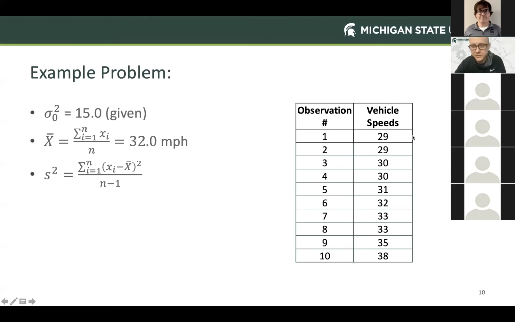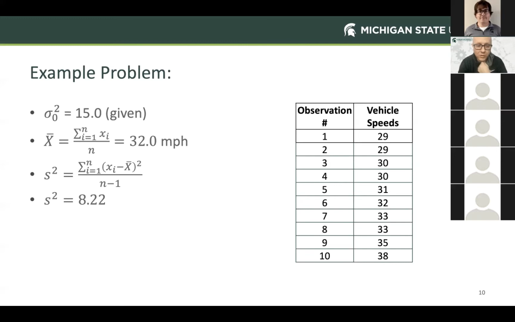Taking each of these individual observations, subtracting off the mean of 32, squaring it, summing over the 10 observations, and then dividing by 10 minus 1, given the associated degree of freedom that we're losing there. That gives us a sample variance of 8.22. I've omitted the units here, but again, that's miles per hour squared.